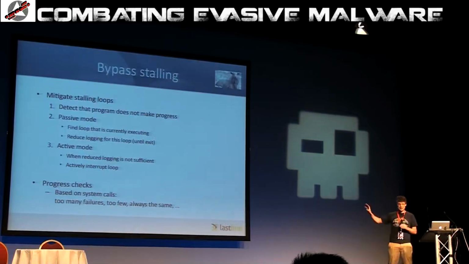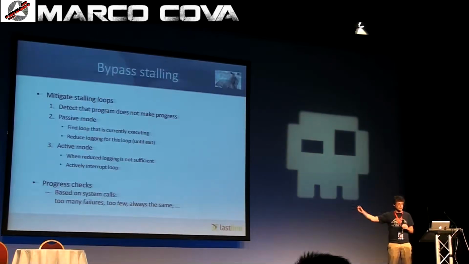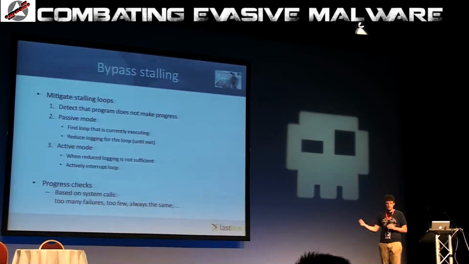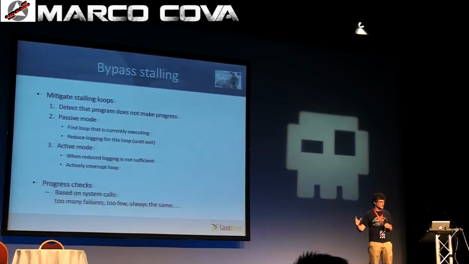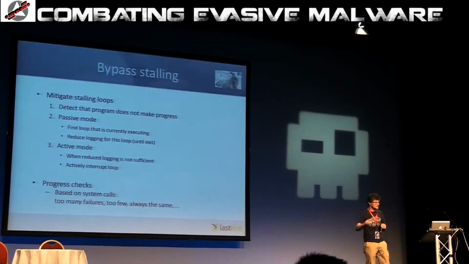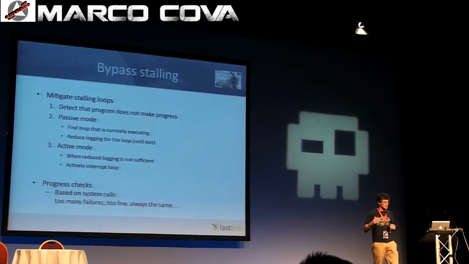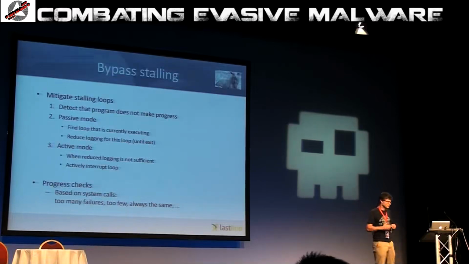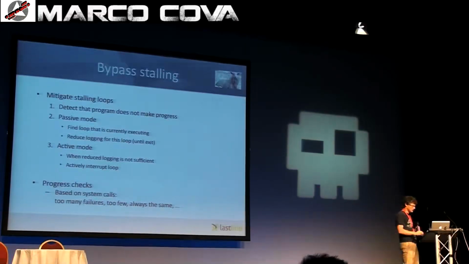When we detect that, we switch into passive mode, which means we disable all the instrumentation that we normally do. We don't keep track of the system calls that are executed, and we basically let the malware execute at full speed. The idea here is that we want to see as much behavior as possible, and we don't care if we miss some activities in there. We just want to make it progress as fast as we can.